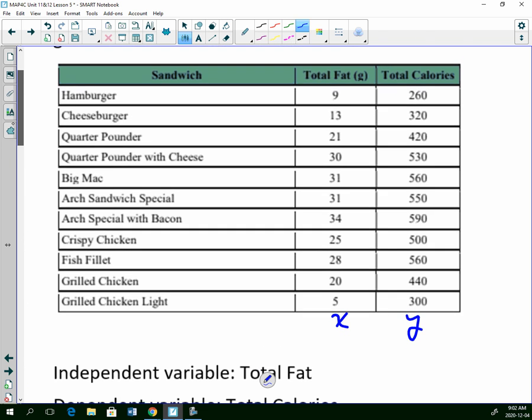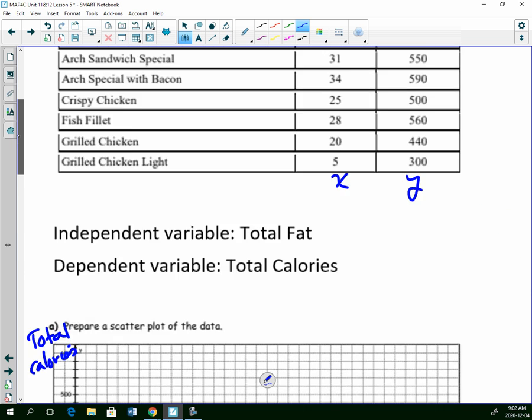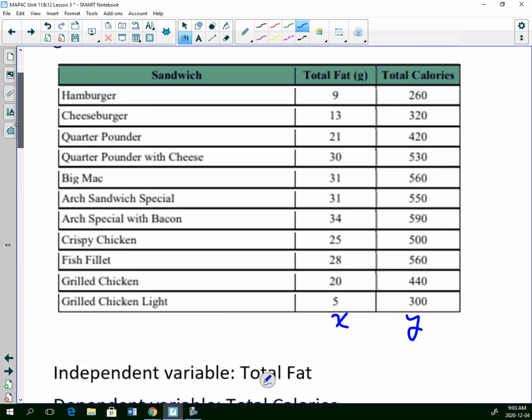Okay, so if you give me a minute, I'm going to plot these points. It's going to take me a minute. So 9, 260. It's hard to do on a... this is going to take me a while. Okay, 13, 320.